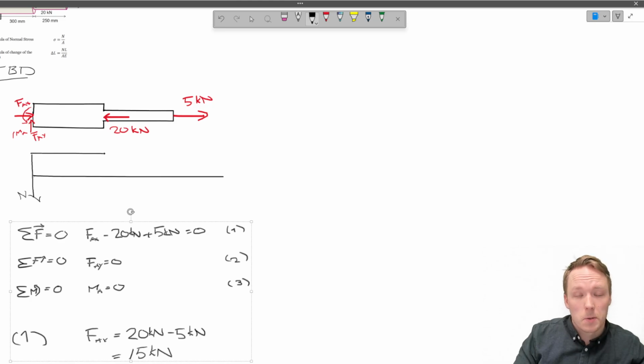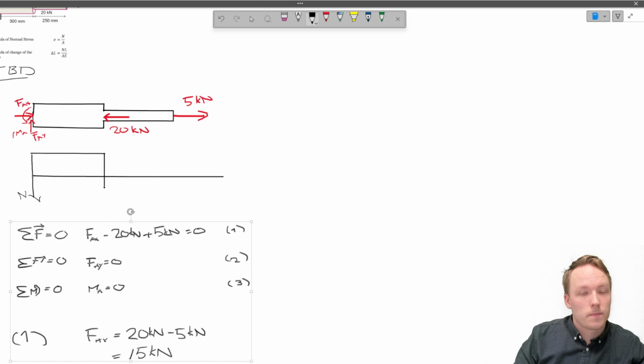From here we have another force that comes to play. It's 20 kilonewtons and it's from opposite direction, which means that it will reduce the force by 20. So the normal force within the bar will drop down, and it will drop down to level 5.